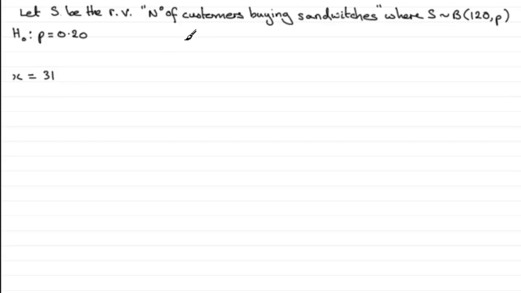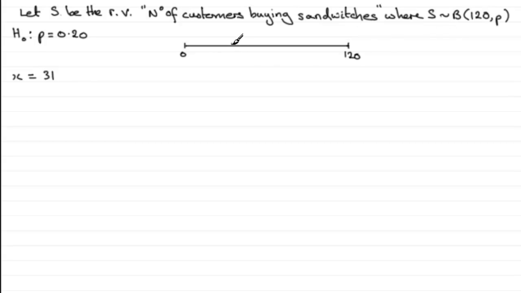And if you've got this binomial distribution, let me just draw you a number line up here, then obviously there can be no customers buying sandwiches all the way up to 120. And if it's 20% that buy sandwiches, 20% of 120 comes to 24.